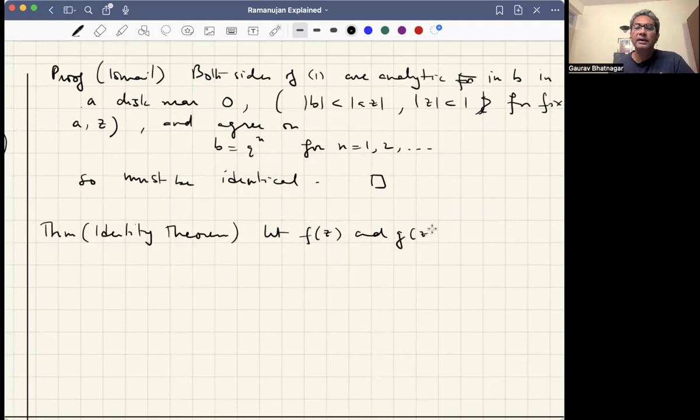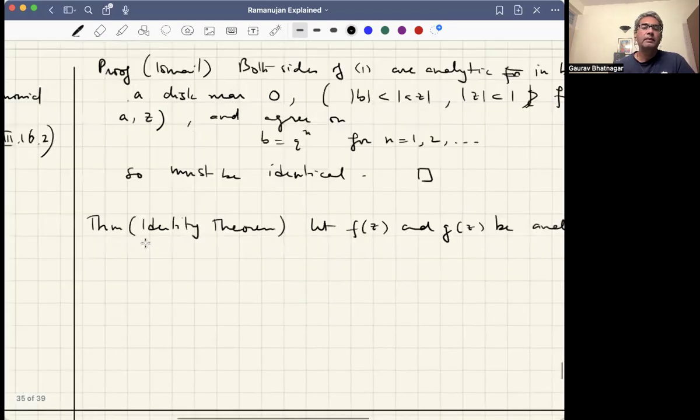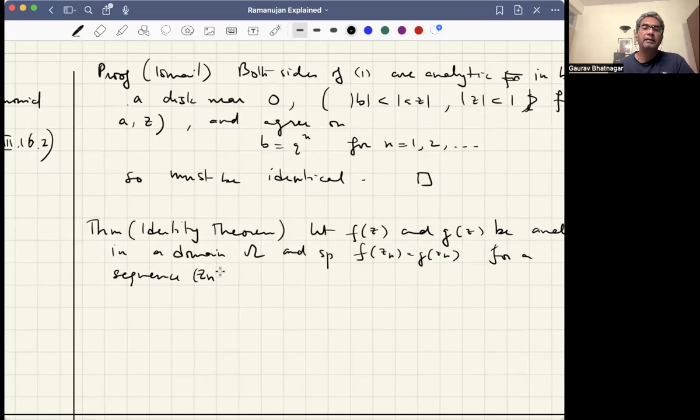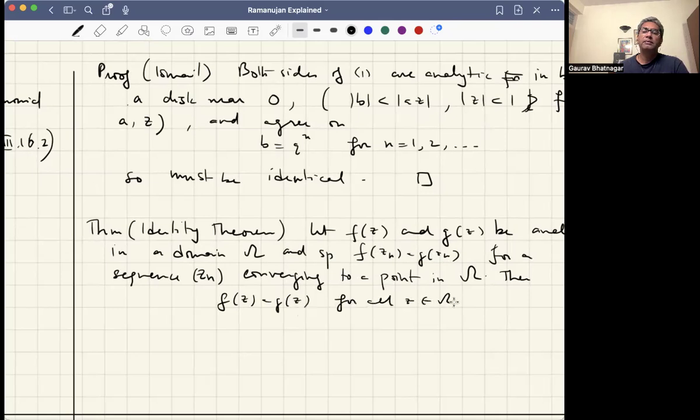Let f(z) and g(z) be analytic in a region, in a domain omega, and suppose f(z_n) is equal to g(z_n) for a sequence z_n converging to a point in the domain omega. Then f(z) is equal to g(z) for all z.